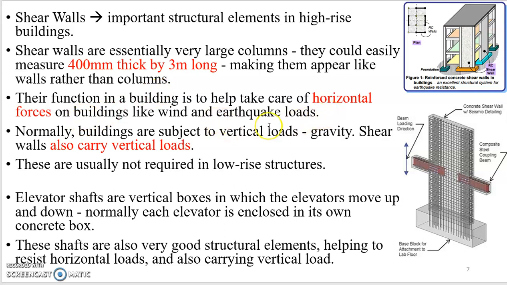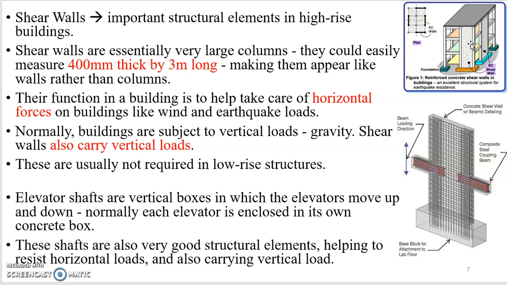Their main function is to take care of the horizontal forces on buildings like wind and earthquake loads. Normally buildings are subjected to vertical loads, mainly the gravity load. So shear walls are also used to carry the vertical loads as well as the horizontal forces. These types of structures are mainly seen around elevators, which is coming in the following chapters.